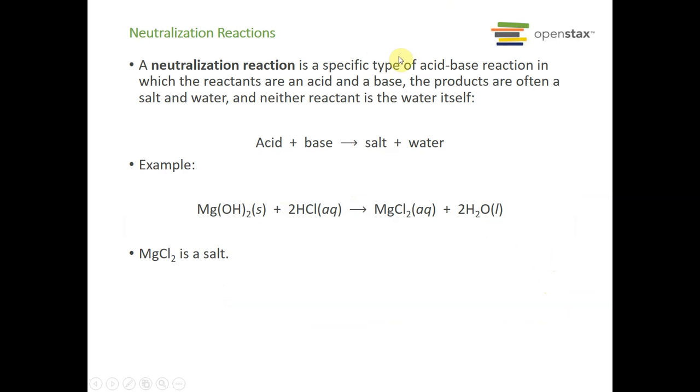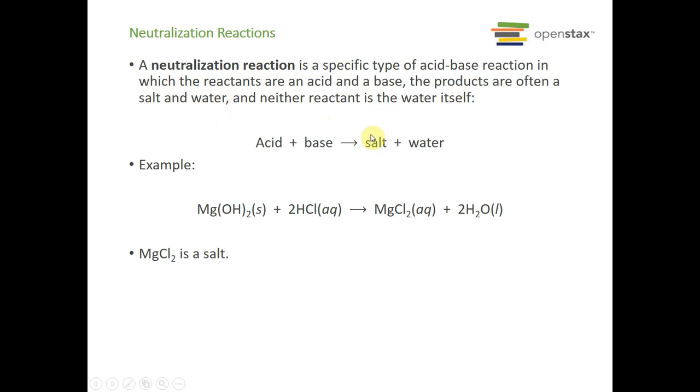Now, that's an acid-base reaction, but this is another type of acid-base reaction, and that's called a neutralization reaction. A neutralization is a specific type of acid-base reaction in which the reactants are an acid and a base. The products are often a type of salt and water, and neither reactant is the water itself.